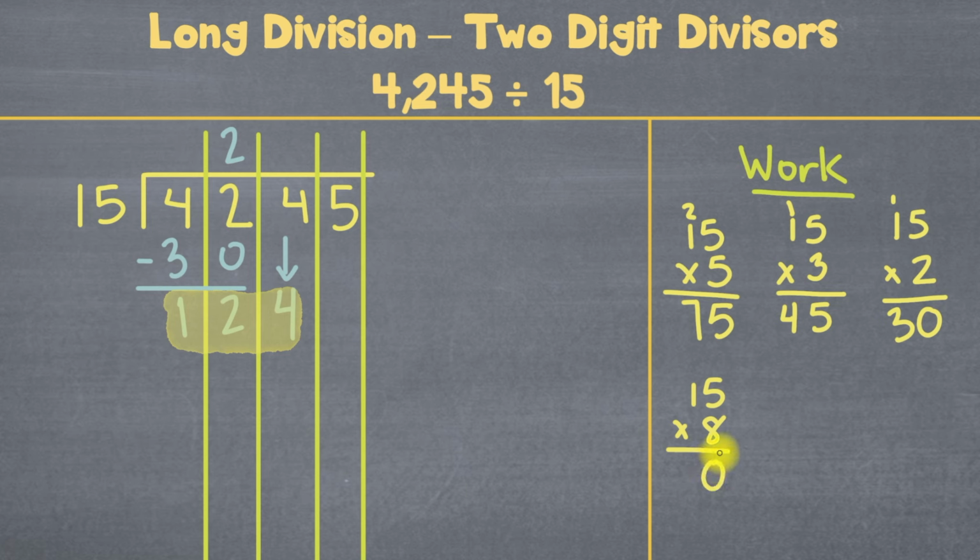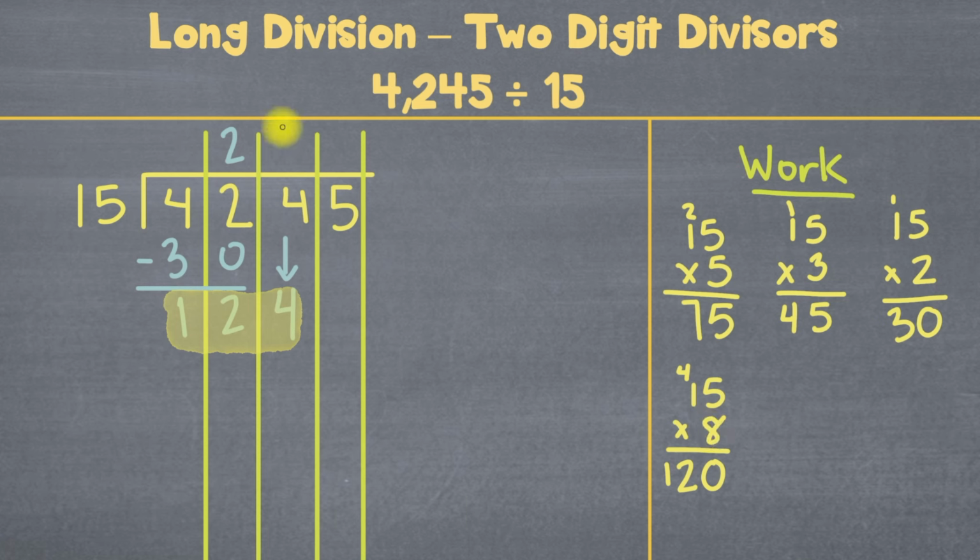I'll bring down the 0 and I'll carry the 4. And 8 times 1 is 8, plus the 4 is 12. And perfect! 120 is just enough to get there without going over. So we now know that 15 can go into 124 8 times.